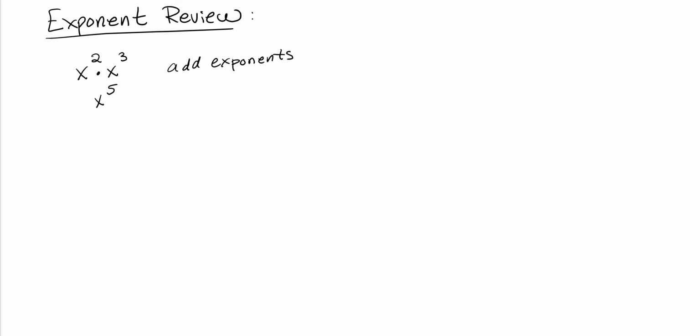Okay. If we have, let's say, x squared raised to the third power, notice I just have one base there. So if I wanted to write this out the long way, I could say x squared times x squared times x squared. But what happens if that 3 is a lot larger than 3? You wouldn't want to write it out if it was 15.